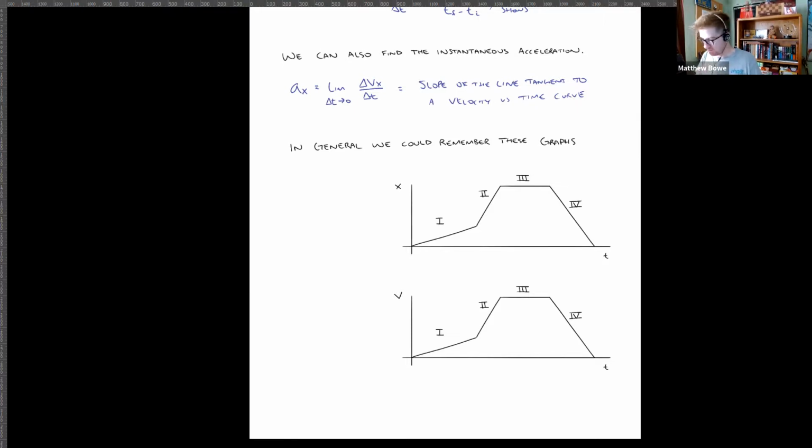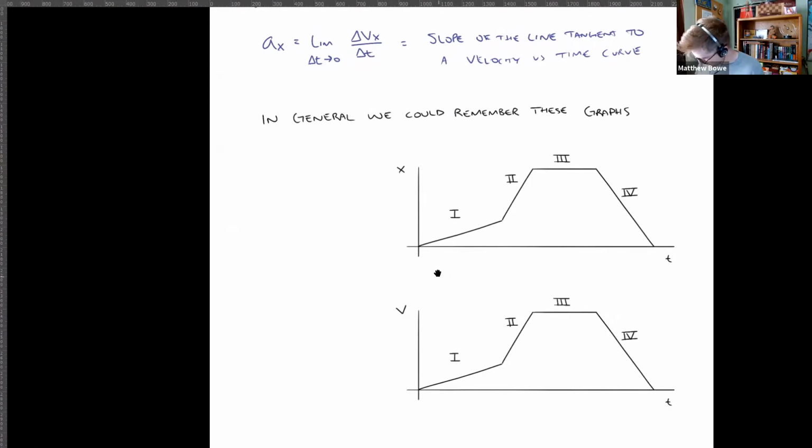What is different about these two? Well, one of them, the top one, is a position versus time graph. That's the first thing. Let's try to write this as clear as possible because it's going to be a lot of writing in here. So this is a position versus time graph.